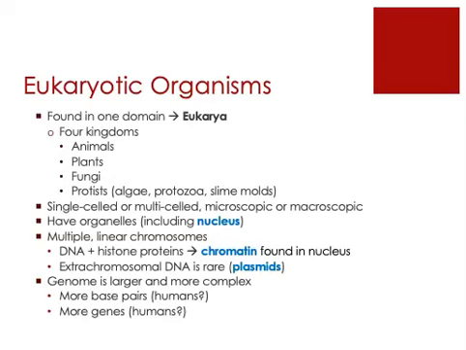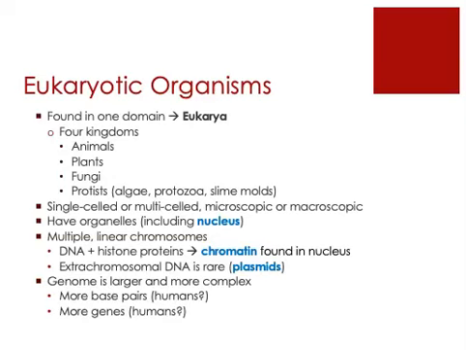Chromatin, that's the form of DNA that you find in the nucleus of a eukaryotic cell. Now, most eukaryotic cells do not have any plasmids, but some of the most primitive single-celled eukaryotic organisms have plasmid DNA, just like their prokaryotic cousins.